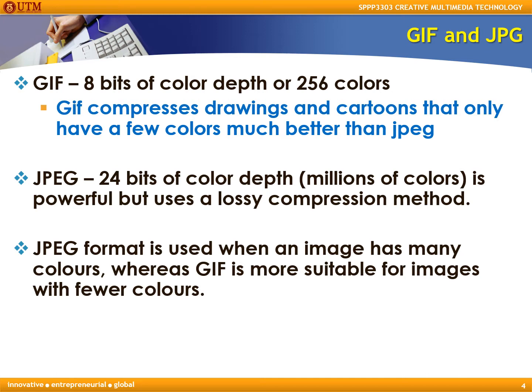And this kind of format is used when we talk about very high quality images, the images that you get from the studio, professional images and so on. On the other hand, GIF is more suitable for images with fewer colors. So always remember, GIF is low in quality with a light size, but JPEG has millions of colors with a big size.